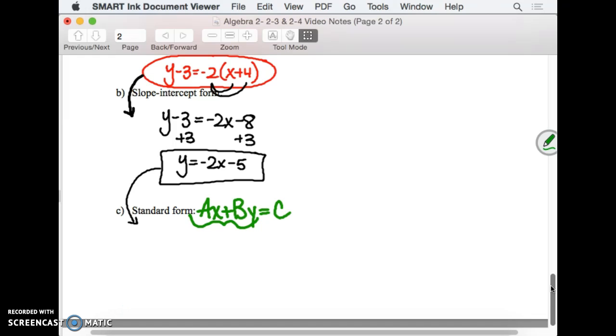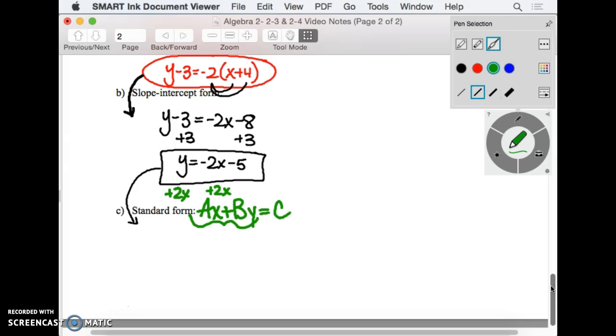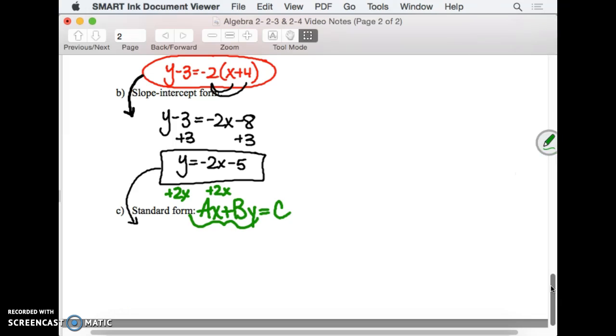From my slope-intercept form, all I'm going to do is add 2x to both sides. Then I end up with 2x plus y equals -5. And that is in standard form.